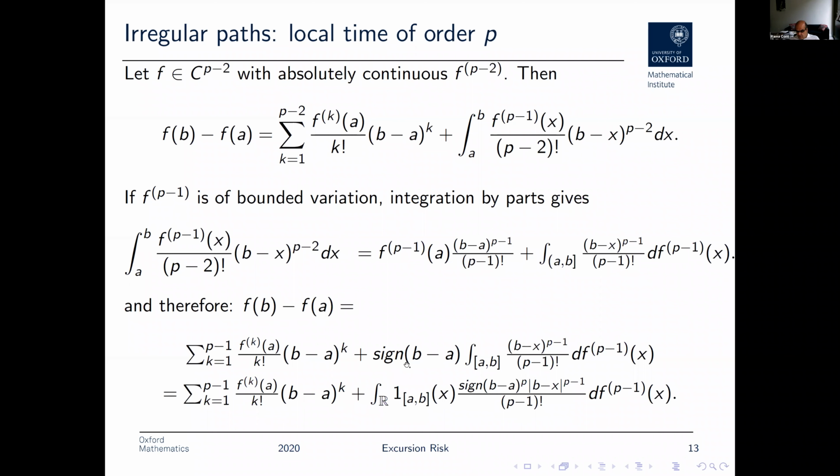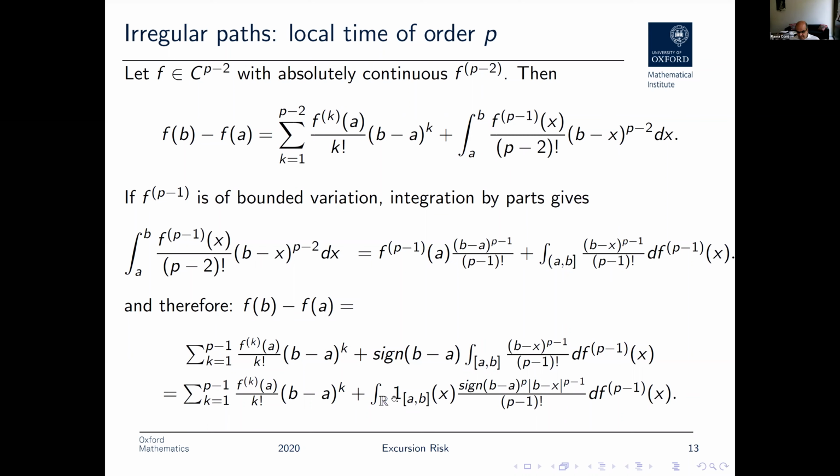So this last term is an integral from a to b. I can write the last term as an integral over the real line of the indicator of this interval times, now I put the sign inside to the power p, and now I have the absolute value here. Of course, this sign to the power p makes sense only for integer p, but I can make sense of it for an integer, and then you use the same expression for any p.